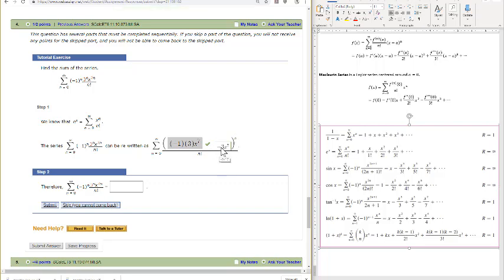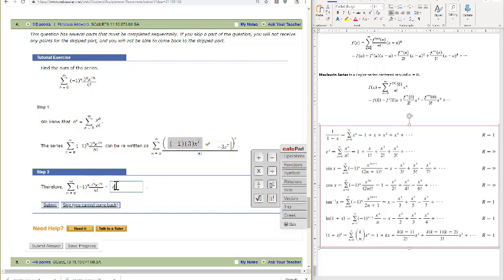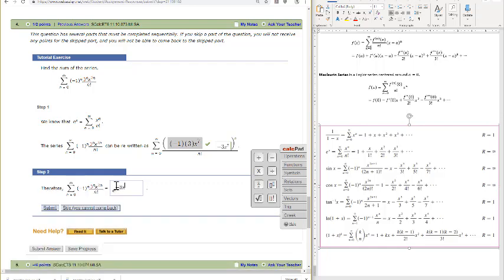So according to our formula, e to the x, if we just replace x with negative 3x to the 7th, then we have this exact same series. So therefore this thing must equal e raised to negative 3x to the 7th power.